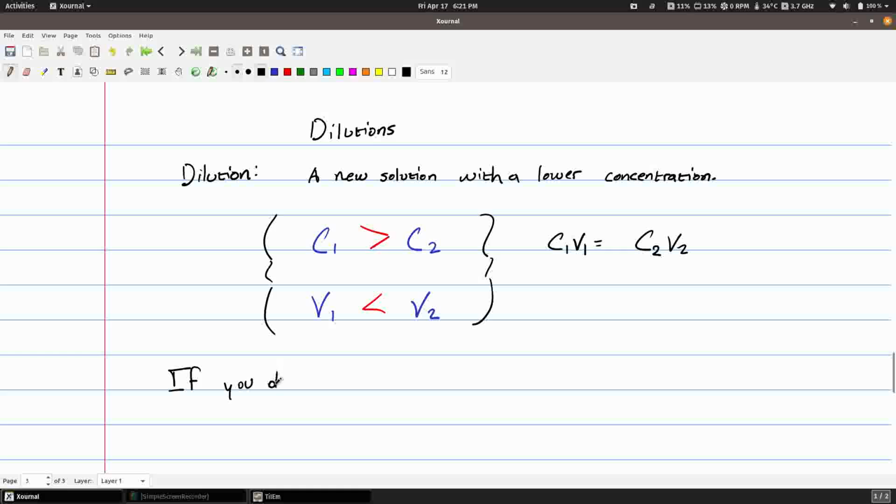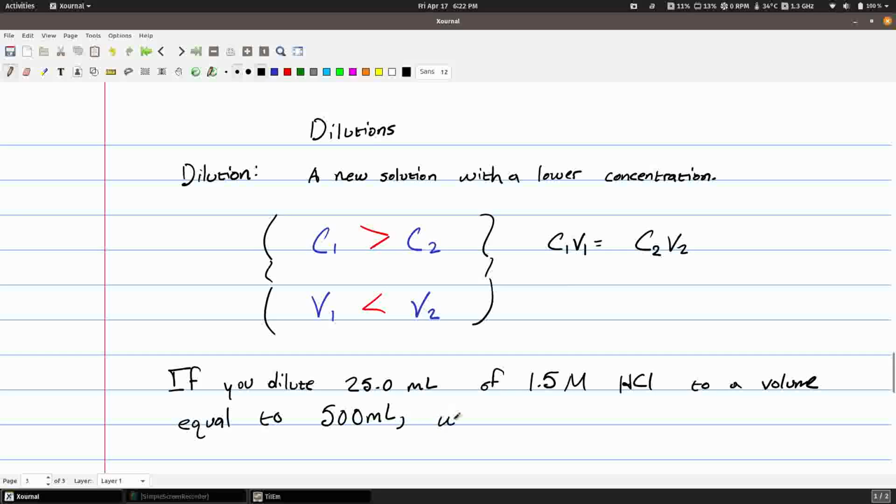If you dilute 25.0 milliliters of 1.5 molar hydrochloric acid to a volume equal to 500 milliliters, what is the molar concentration of the diluted solution?